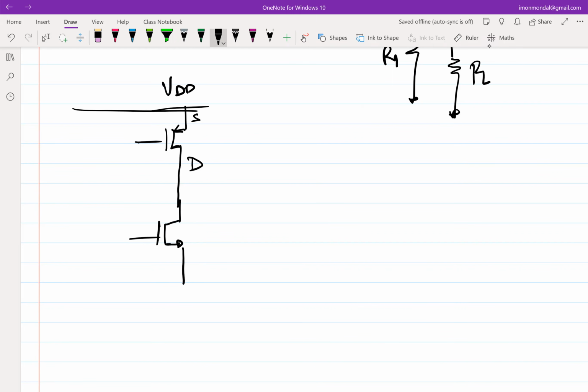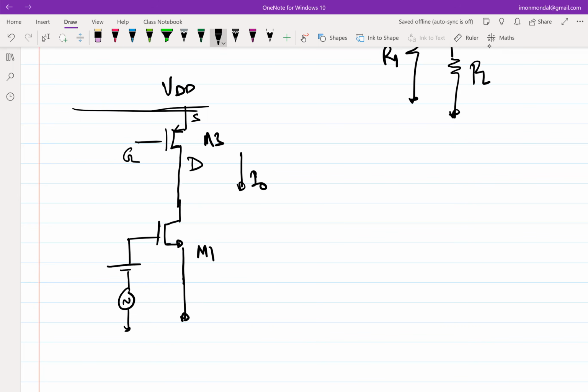So now, let's assume this is biased. This is M1, this is M3, let's say. How do I bias this M3? VSG of M3 for a current of I0, because I'm replacing it to provide a current of I0, right? So how do I get this I0 current?